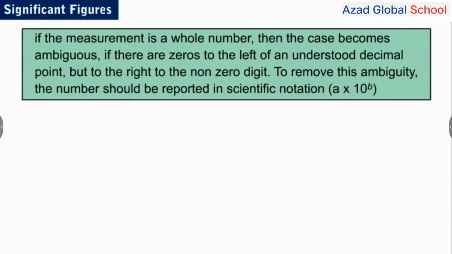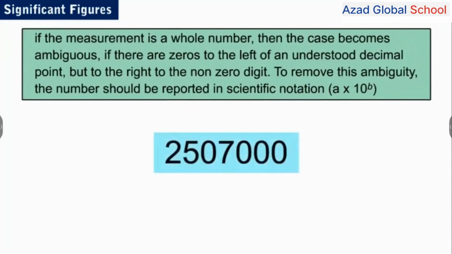For example, let's take a number 2507000. This is a whole number. According to rule number 1, there are 7 significant digits in this number. However, in this number, there is an understood decimal point which is usually not written. The rightmost non-zero digit in the number is 7.